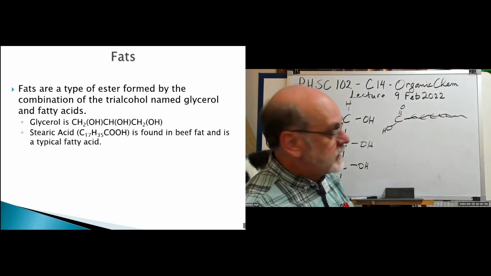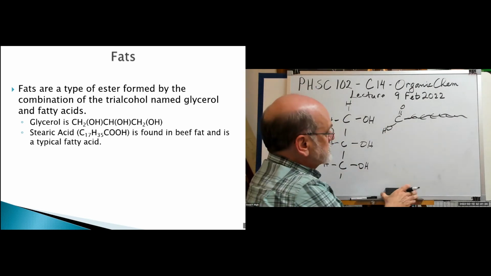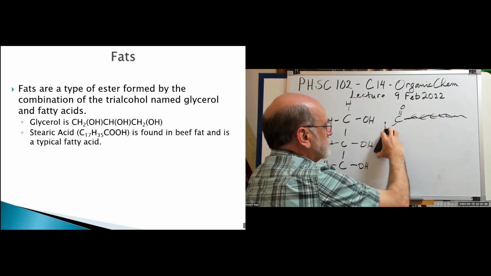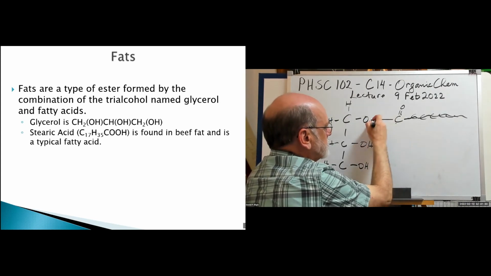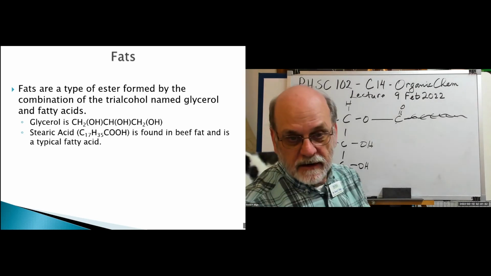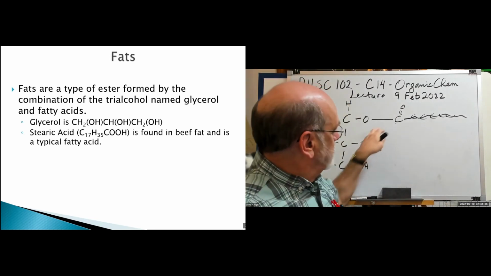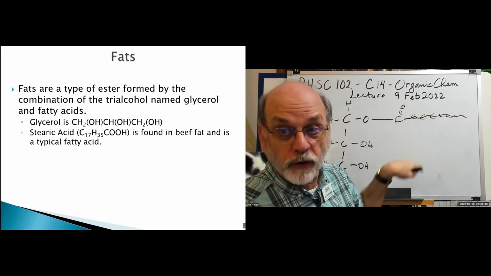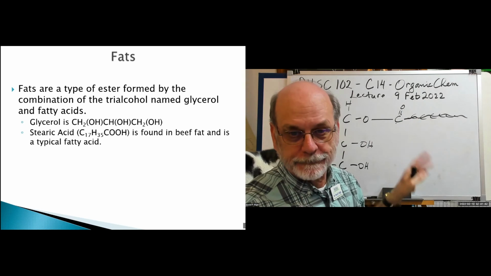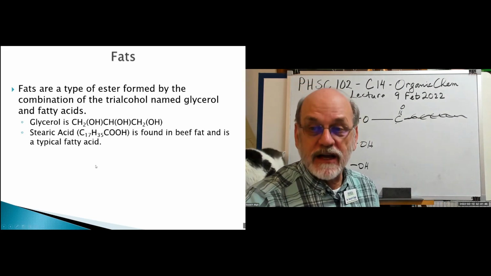Okay. Now, if you take this and you do a condensation synthesis, right, and form that bond, and do that 3 times. And they don't have to be all the same fatty acid. They can be 3 different fatty acids if you want. Now you have a true fat.